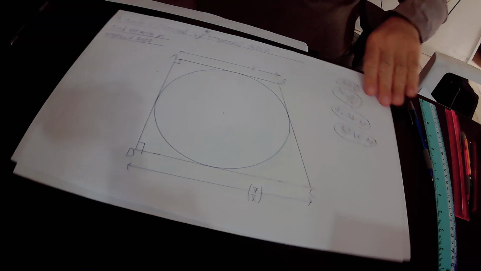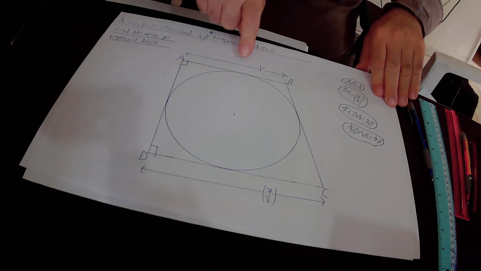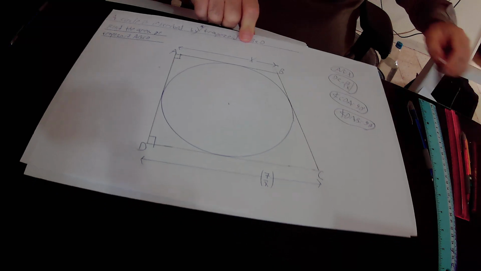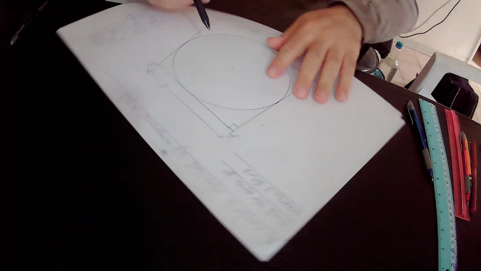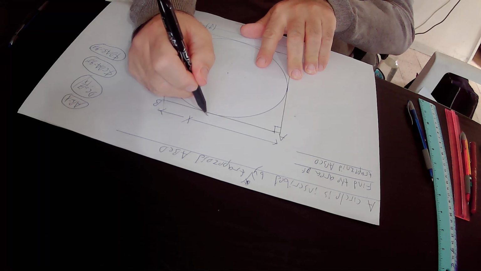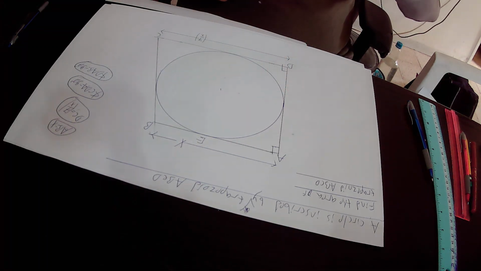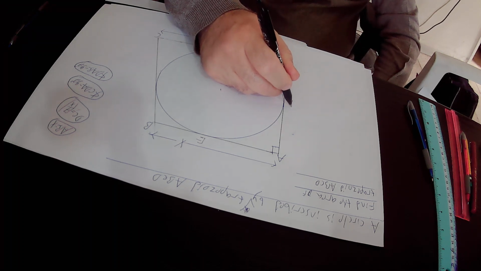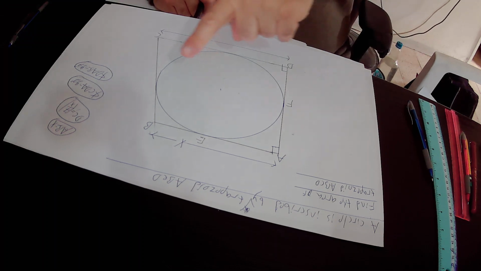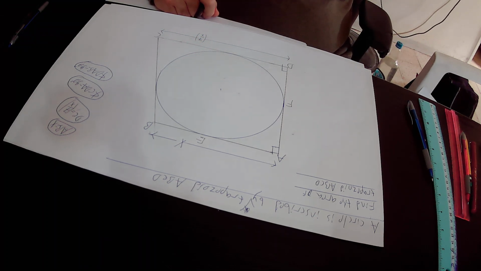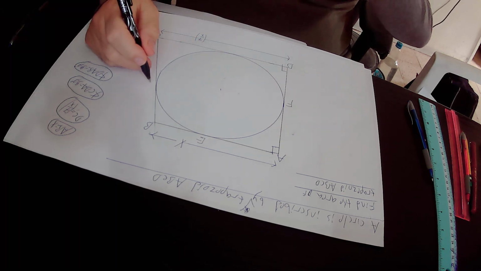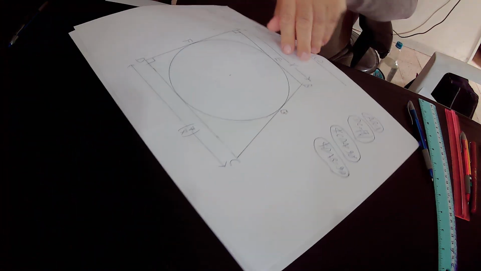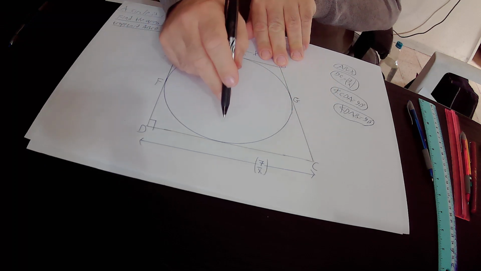We define the point of tangency of tangent AB with this circle as E. Likewise, we define the point of tangency of tangent AD with this circle as F. And we define the point of tangency of tangent BC with this circle as G. And finally, we define the point of tangency of this tangent DC with this circle as H.